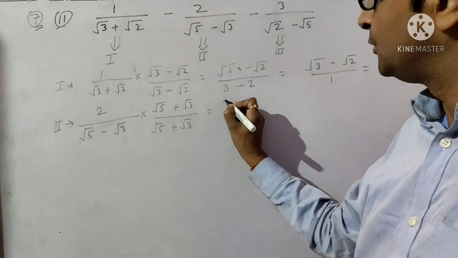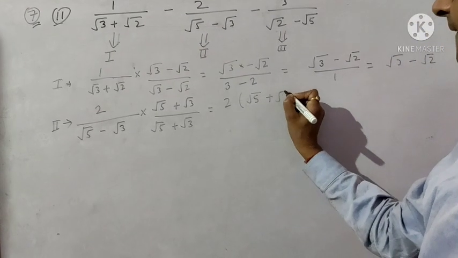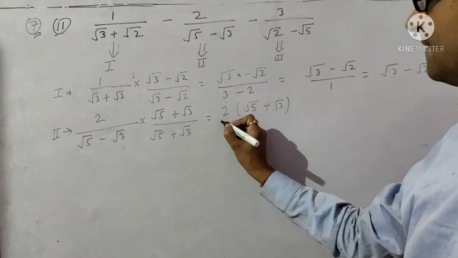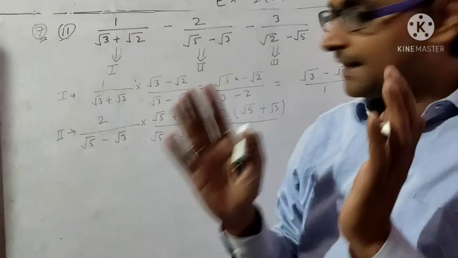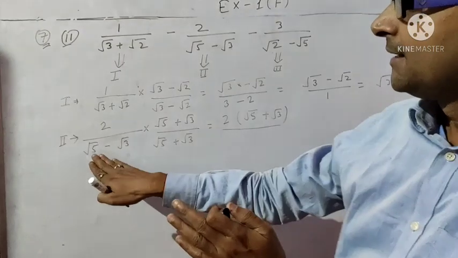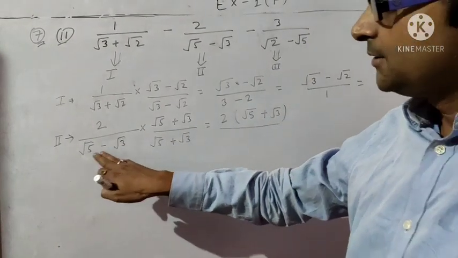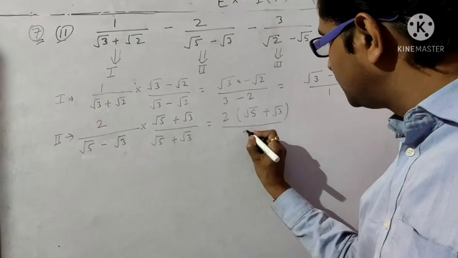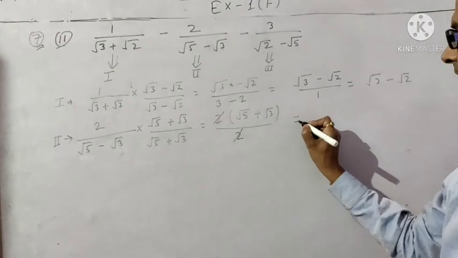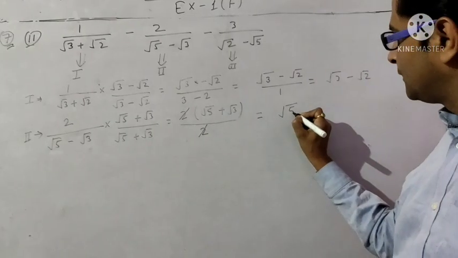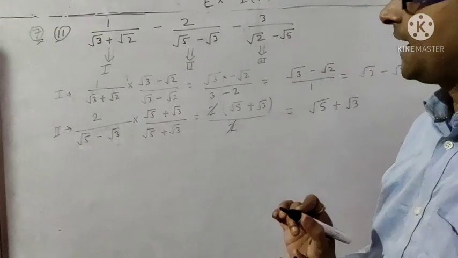So here 2 bracket this value, that means root 5 plus root 3 divided by, this is again the form of a plus b into a minus b. Then we can write a square minus b square, that means root 5 square is 5 and root 3 square is 3. So 5 minus 3 is equal to 2, and 2 and 2 are cancelled. So the second term value is root 5 plus root 3. This is your second solution.